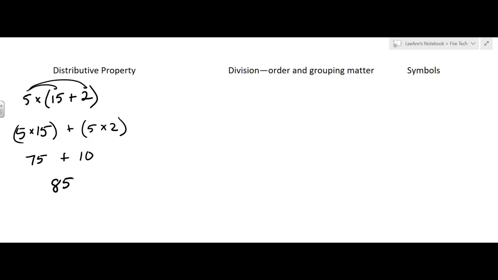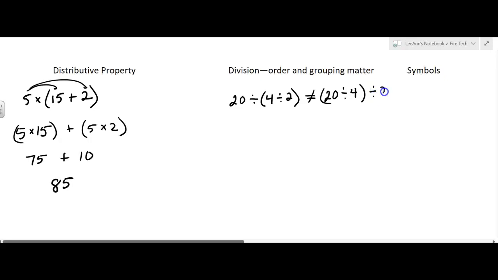Okay, division, it matters. Division is not commutative and it's not associative. So we care how things are grouped. Let's say you have 20 divided by 4 divided by 2. That's not the same thing as 20 divided by 4 and then dividing that by 2.